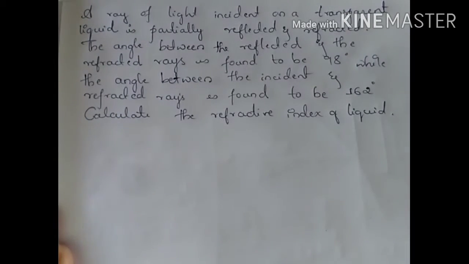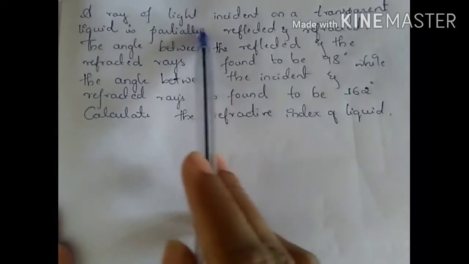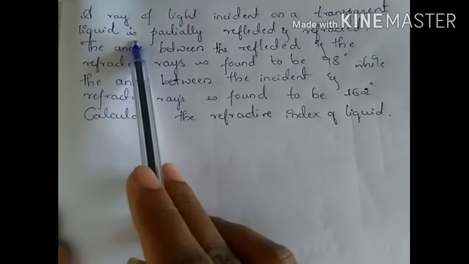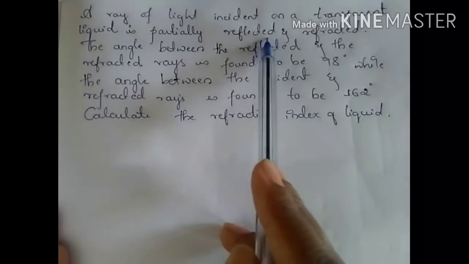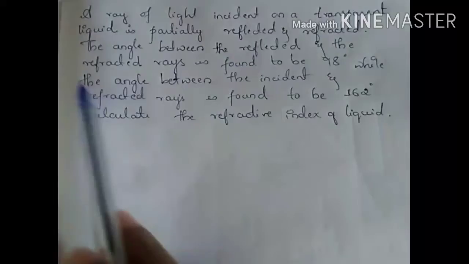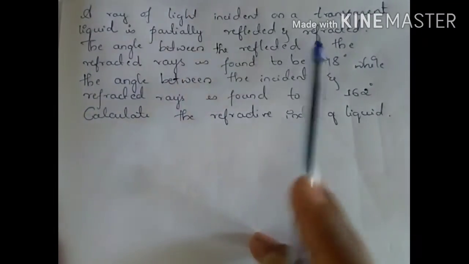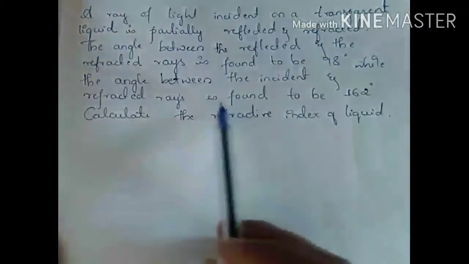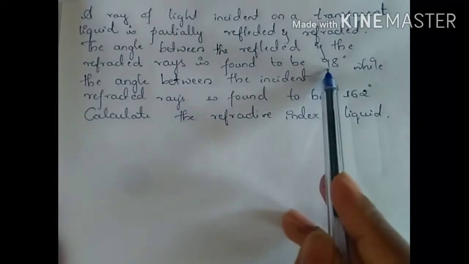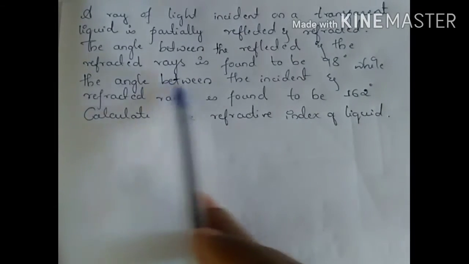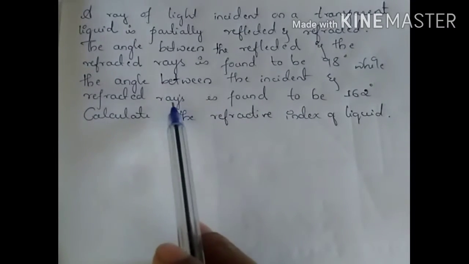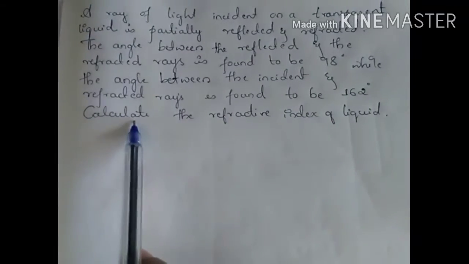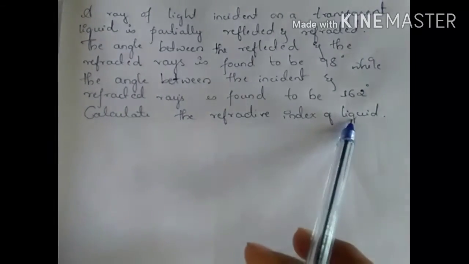The question reads: a ray of light incident on a transparent liquid will get partially reflected and refracted. The angle between the reflected and the refracted ray is found to be 98 degrees, while the angle between the incident and refracted ray is found to be 162 degrees. Calculate the refractive index of the liquid.